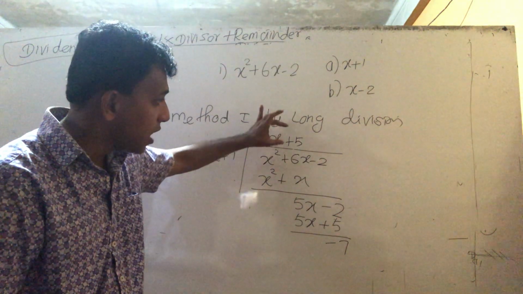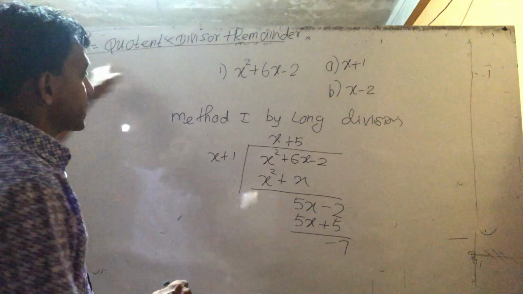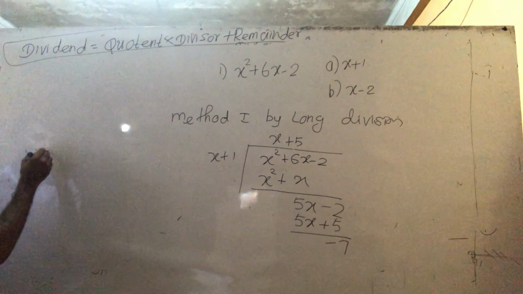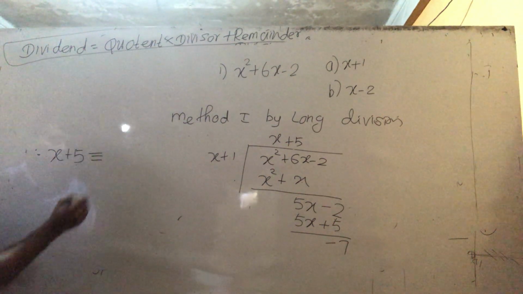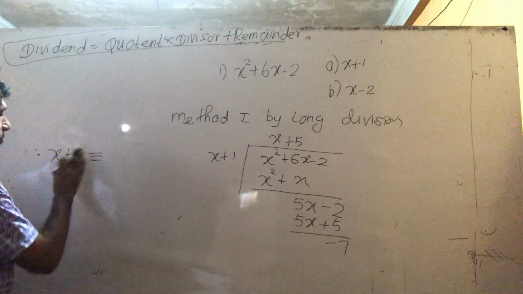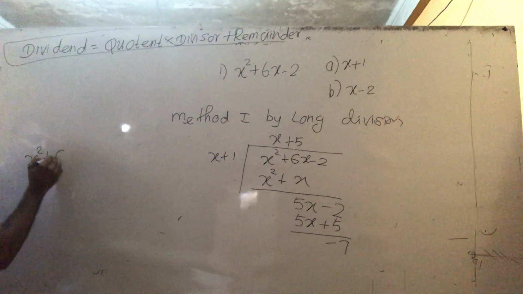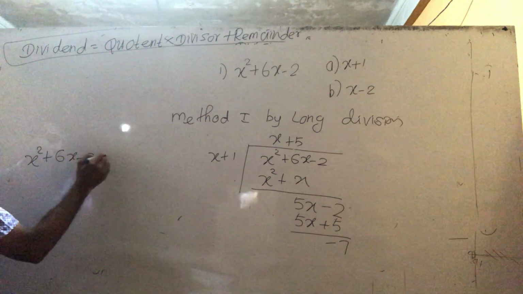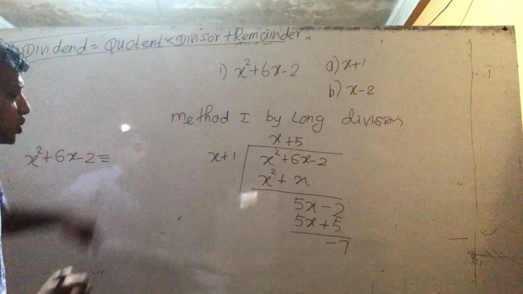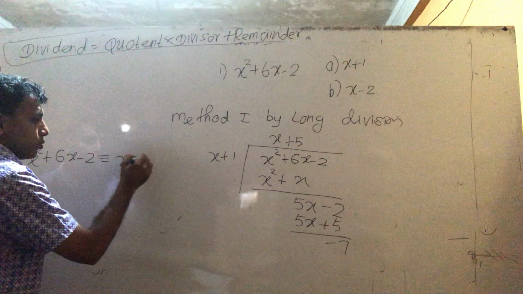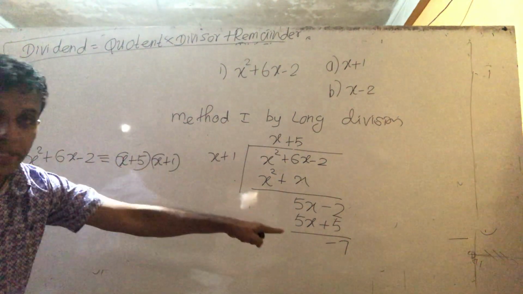So this is the answer, this is the remainder, this is the dividend. Therefore, better we show this pattern. We can write it like this also: x square plus 6x minus 2 is quotient into divisor, x plus 5 into x plus 1, plus the balance, minus 7.